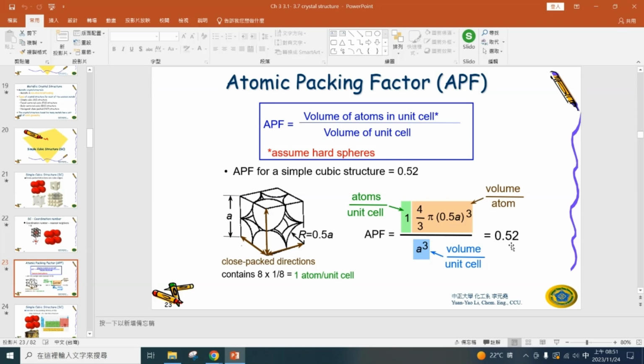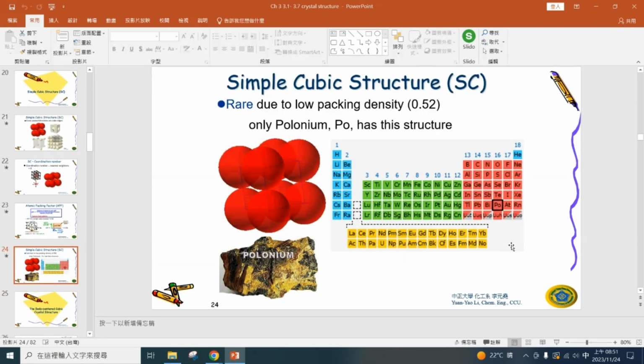Only half of the space is occupied by atoms. Not good, right? Because this is not a good structure, there is only one element that belongs to this structure, which is polonium.